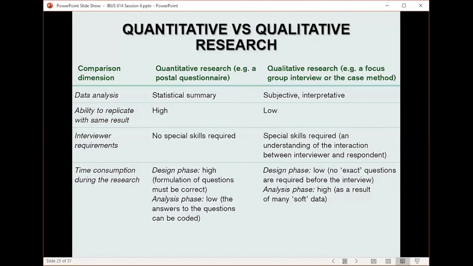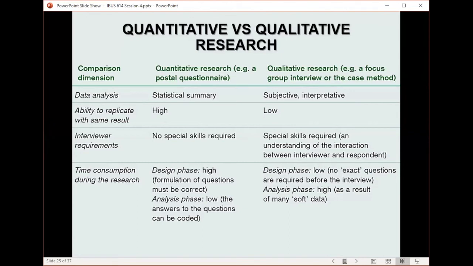When it comes to interviewing, you do not want to restrict your respondent because the moment you restrict them, they may not tell you exactly what you want to know to address your research problem. So when you are designing the research, there's a low level of exact questions that are asked. Most questions that are asked are basically general to allow the person to express themselves as much as they can.